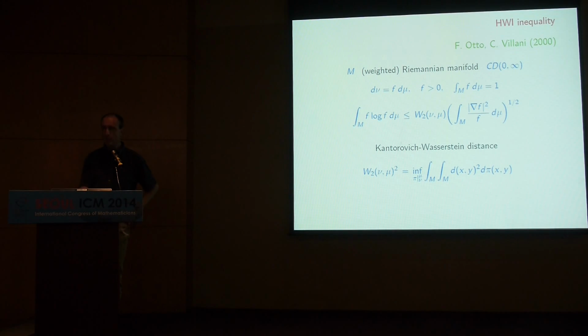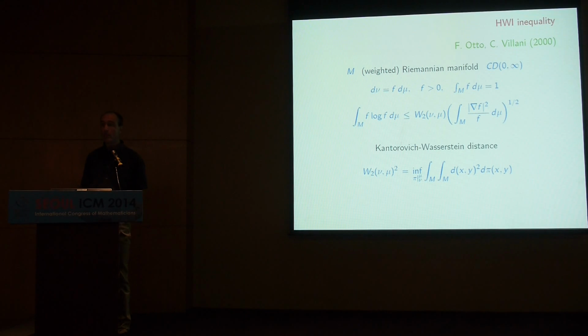And this inequality has been quite useful and important in the study of Ricci curvature lower bounds on metric measure spaces by Lott-Villani-Sturm, and in the study of various related transportation cost inequalities.